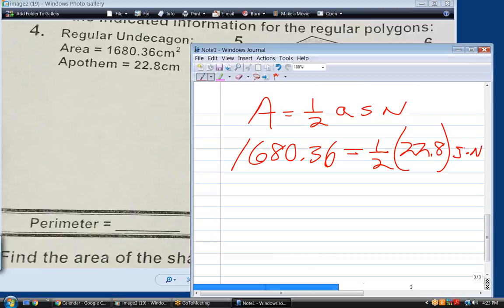What is S times N equal to? Another name for that: number of sides times each side length. That's perimeter. In other words, I can cross that out and write perimeter. So now, solving for the perimeter is easy. There's only one variable in that equation. It's P.